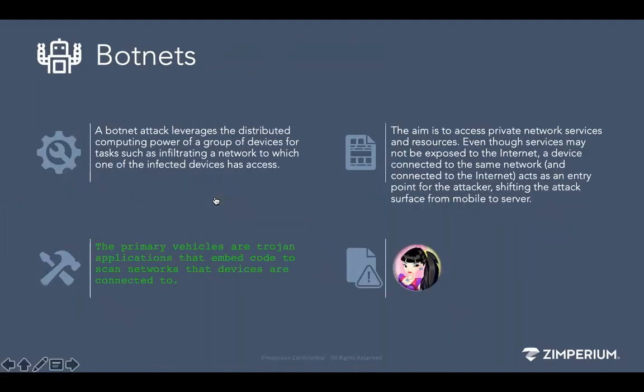So a botnet. So a botnet leverages basically the distributed computing power of all the devices. So you can think of, if I'm an app provider and I have my app on 100,000 devices, can I use those devices? Can I use the processing power, right?